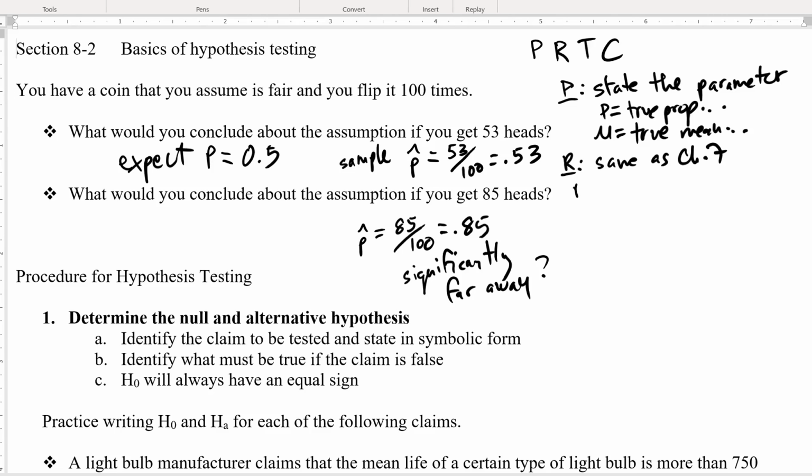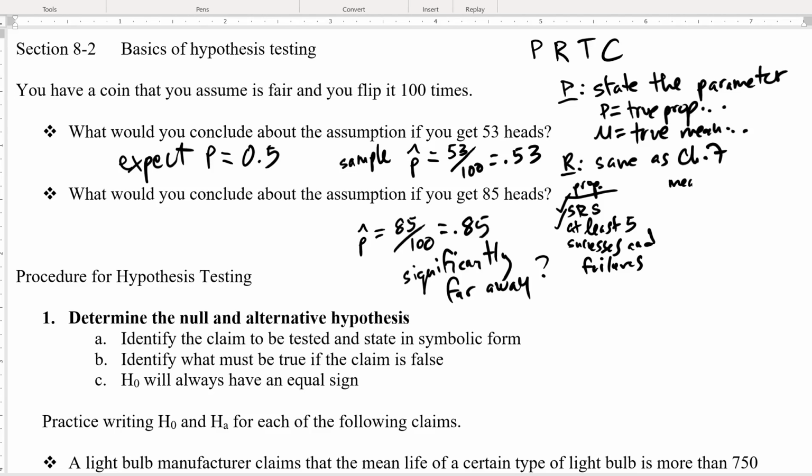SRS, and then here we get normality with at least 5 successes and failures. And then the independence, I'm actually not as concerned about that. The independence and the probability staying the same, if you were actually running this, you would just want to verify that. But these are the two I'm wanting you to focus on the most for the test.